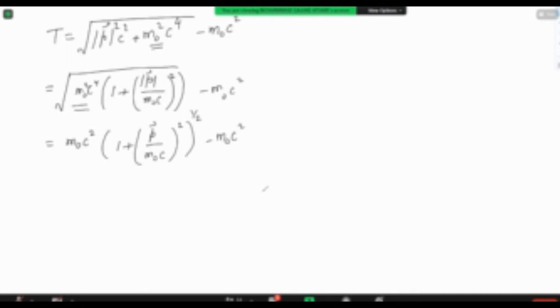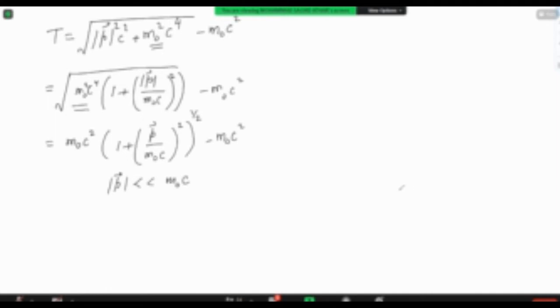Now we are talking about correction to the kinetic energy. That means still we are in the region of non-relativistic limit, where we are considering the first order correction to the energy, and that means we are still considering that my p is smaller than m naught c.